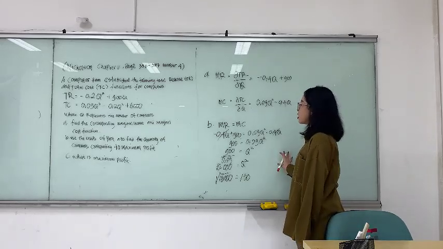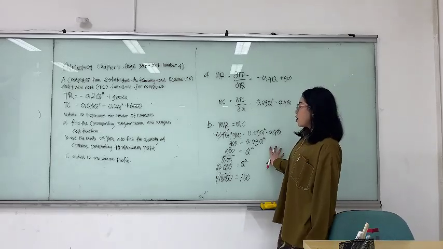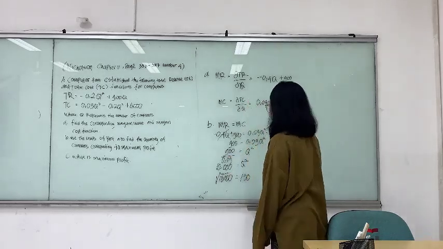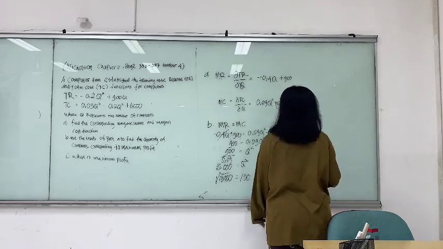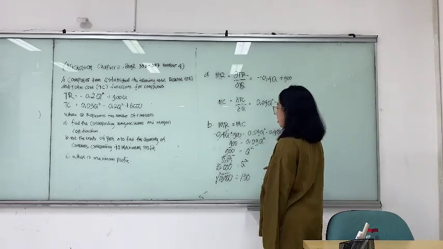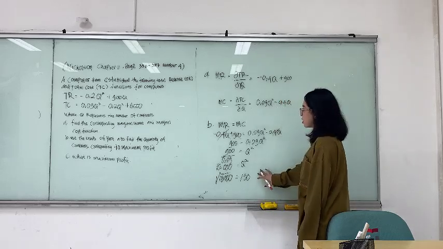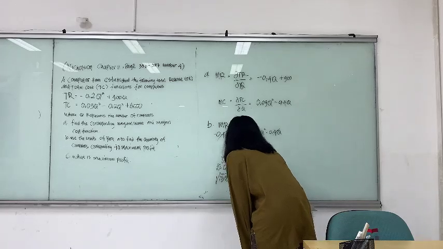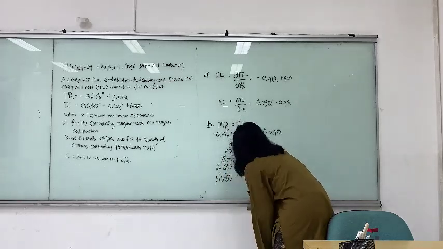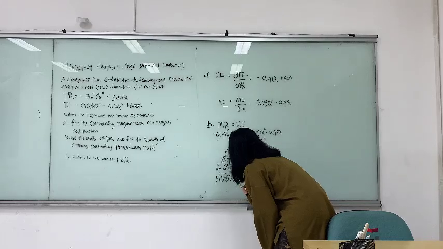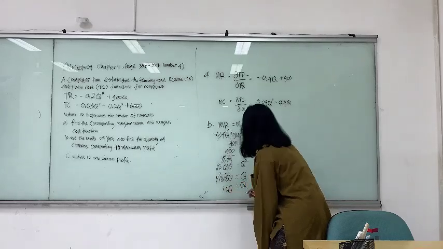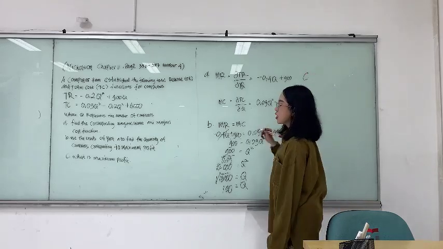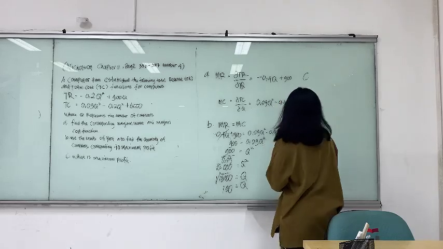Okay, so this is the result from the second question, 100. So the next is after we find the cube, step is the last question is maximum profit.